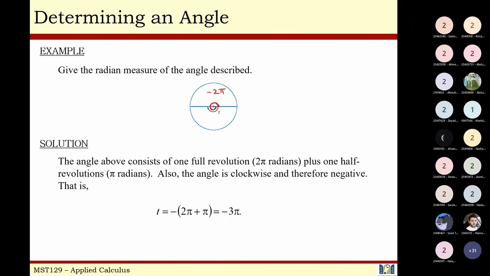Okay, clockwise negative 360, good. But we also have one straight line, also negative clockwise, minus pi. So minus 2 pi plus minus pi equals negative 3 pi.